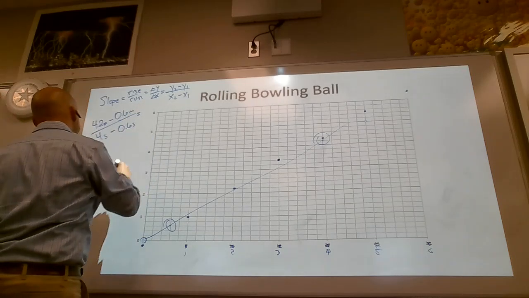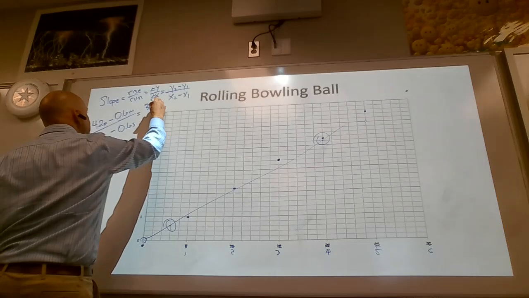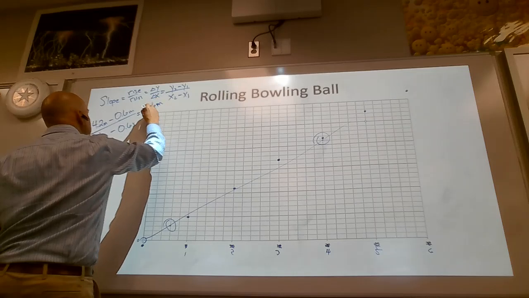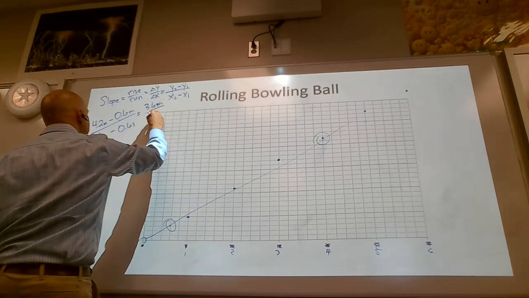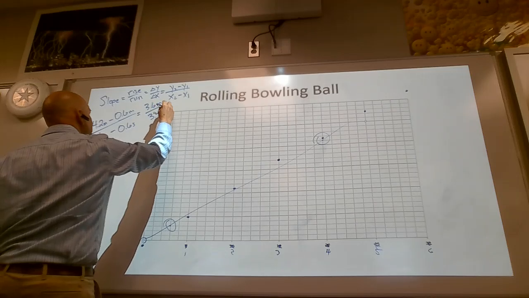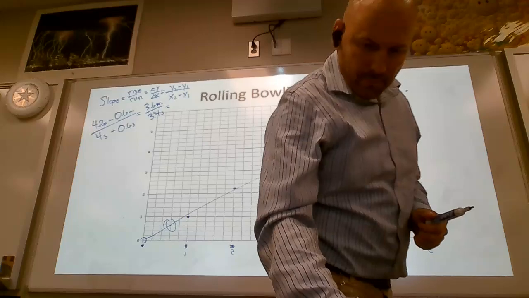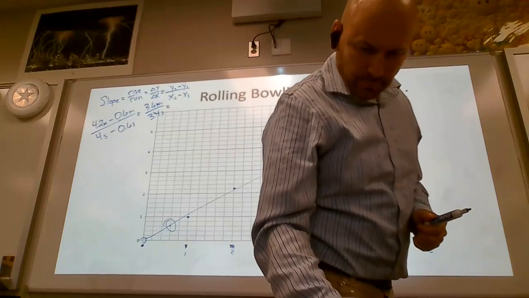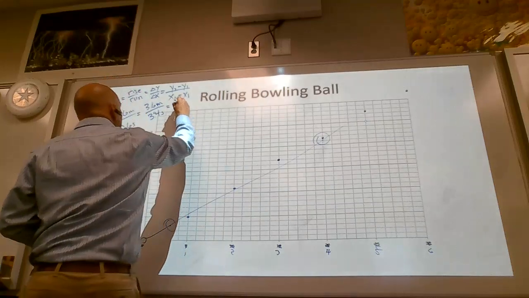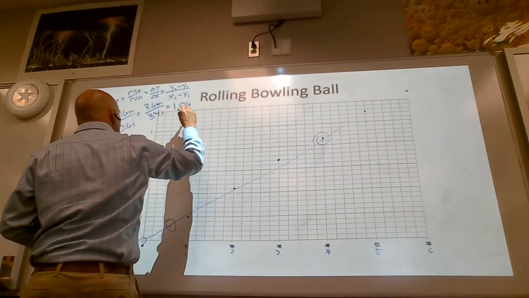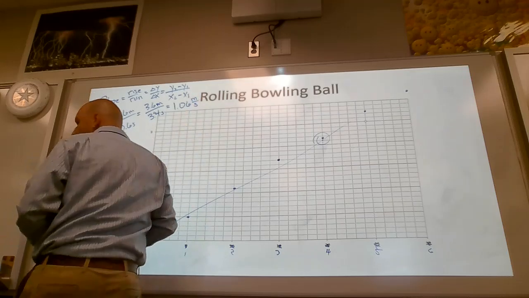So we have 3.6 meters over, well, that's interesting, 3.4 seconds. Equals 1.06. What's the unit on that? Meters per second.